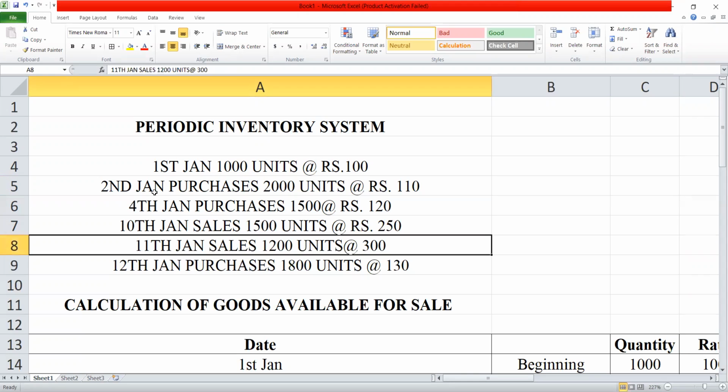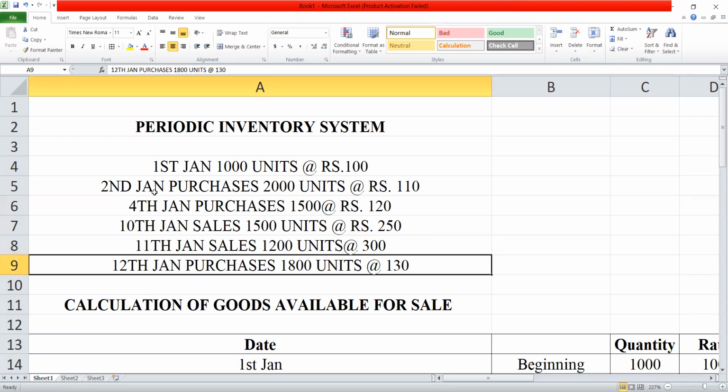On 11th Jan, we again have sales of 200 units at rupees 300. And at last, on 12th Jan, we have 1800 units purchased at rupees 130. So how can we calculate the cost of ending inventory under the periodic inventory system?